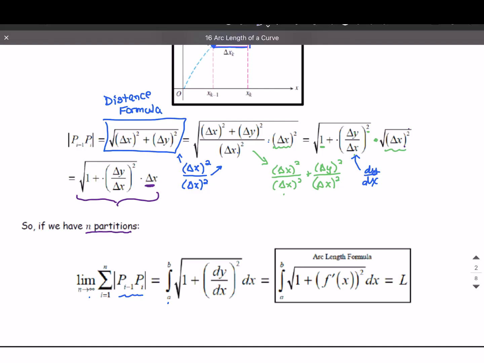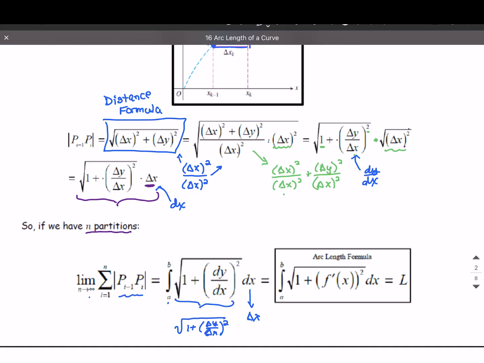And this delta x is our dx. So this came from the delta x, and this came from the square root of 1 plus the quantity delta y over delta x squared.